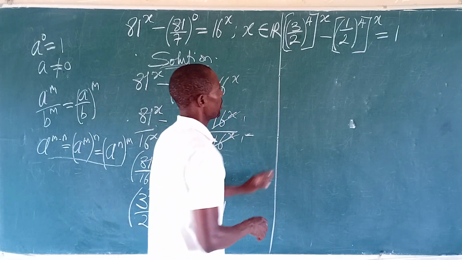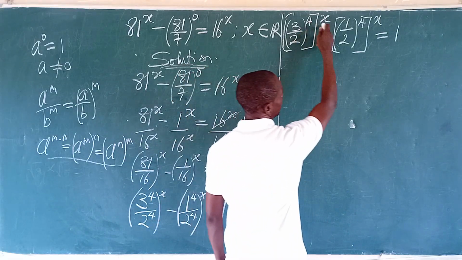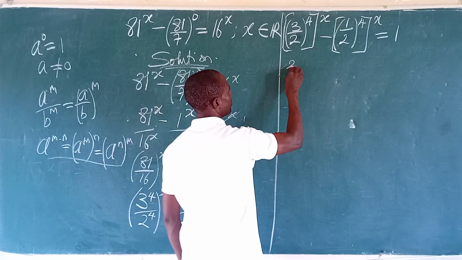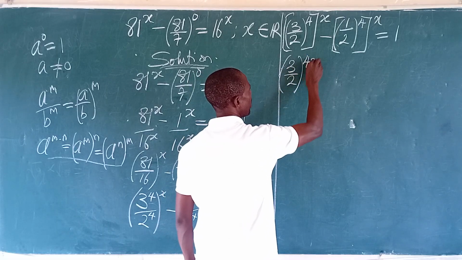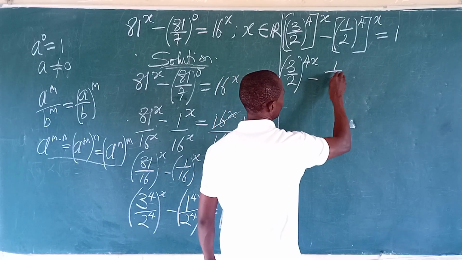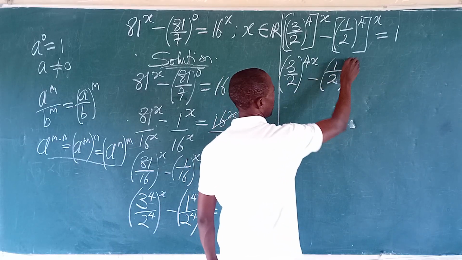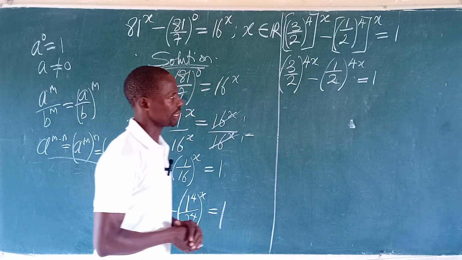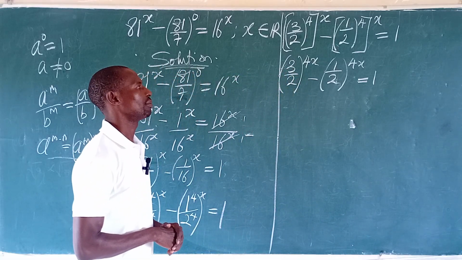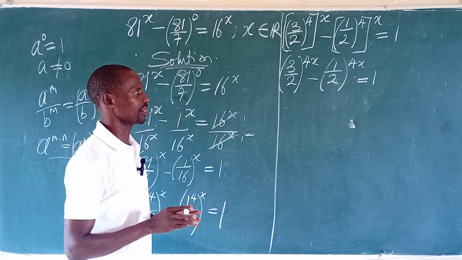Solving algebra. So I can multiply these together, and so we're going to have 3 all over 2 all raised to the power of 4x, minus 1 all over 2 all raised to the power of 4x, equal to 1. Simple, right? Good. Now, we just have to do something here.